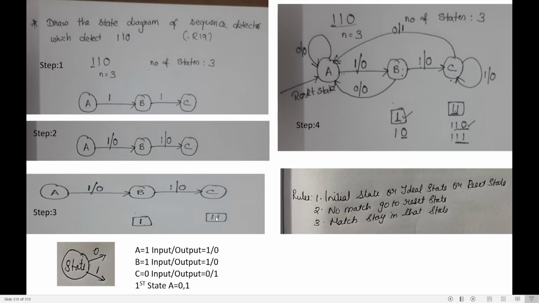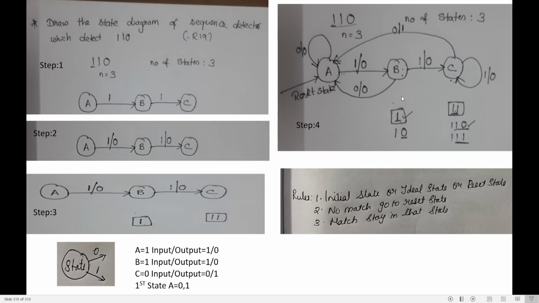So you have to write 1, 1. I repeat, what is the content you will write inside this rectangular box? The bit which is detected in this state. Okay.